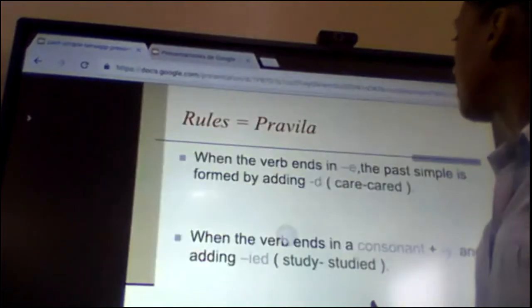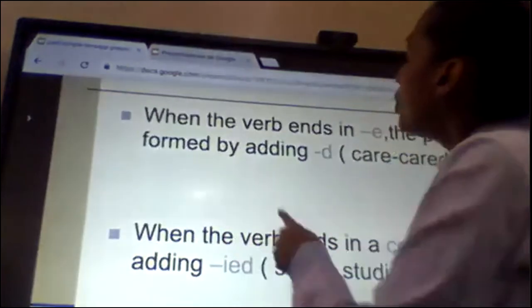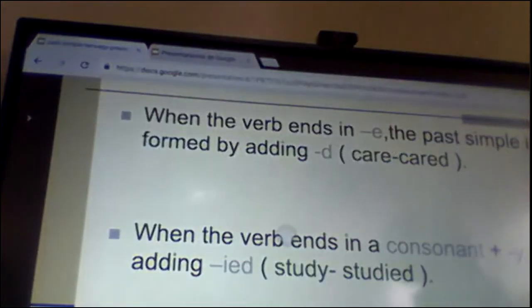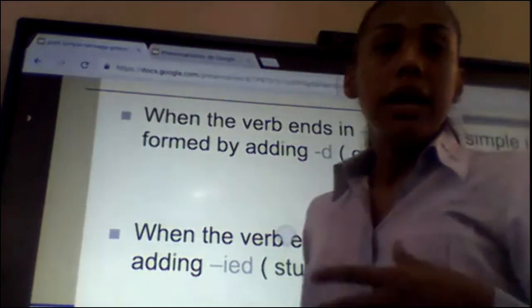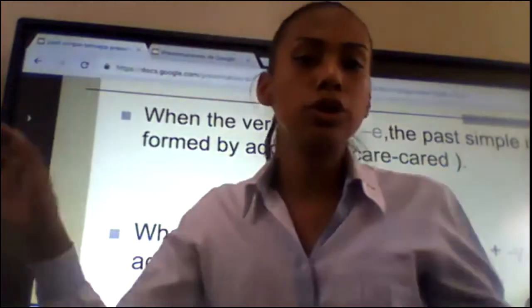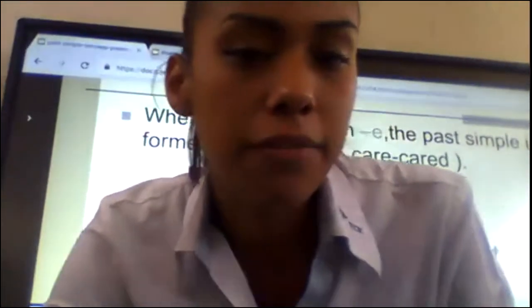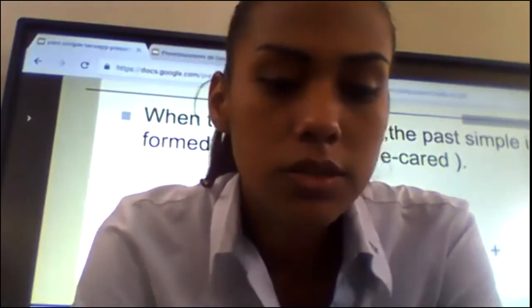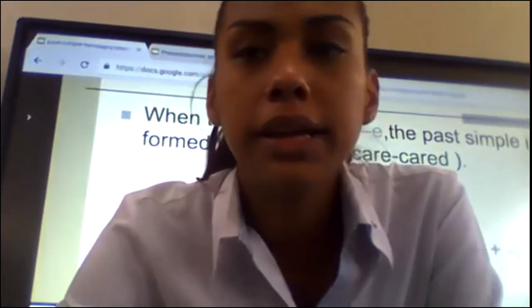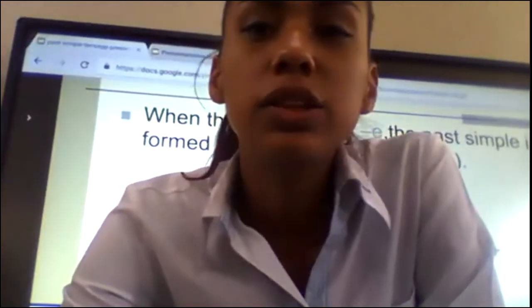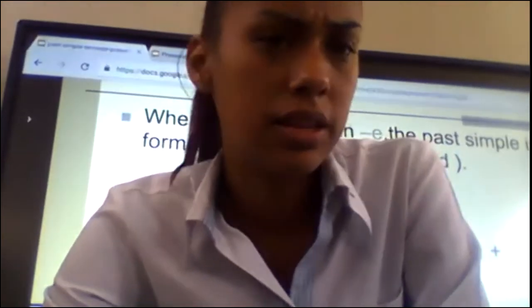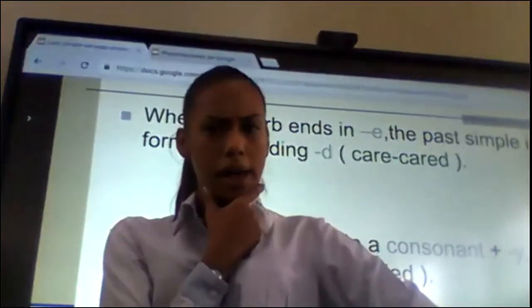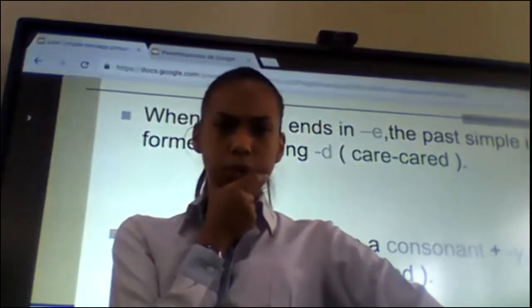Negative, interrogative. How to put ed on my regular verbs. It's not that I'm just going to include ed. What happens if I have this, for example? I have the verb study, right? To study, I need to include ed at the end, but it ends in the letter Y. So what can I do?